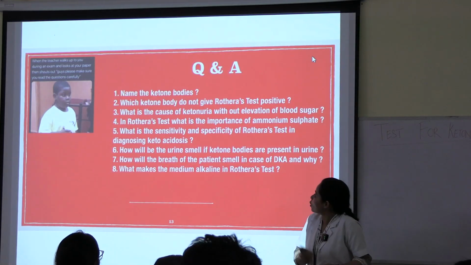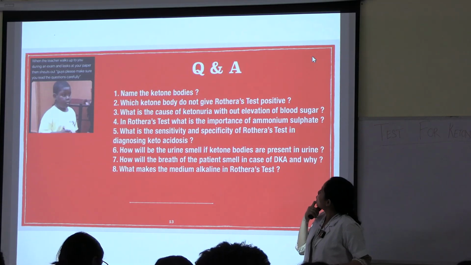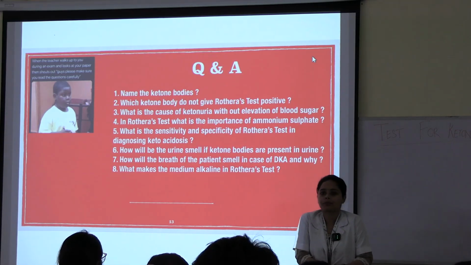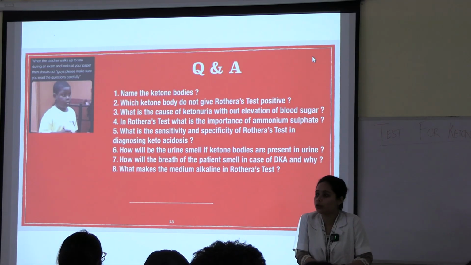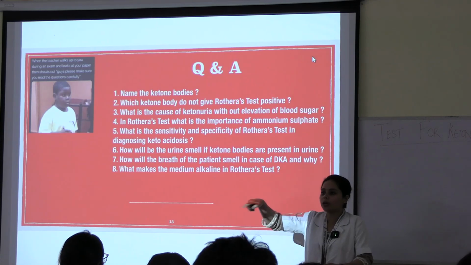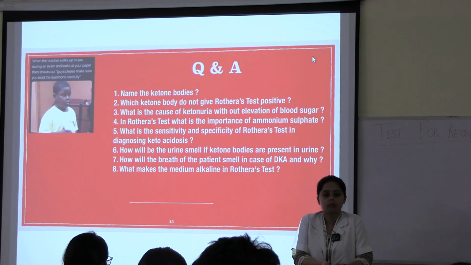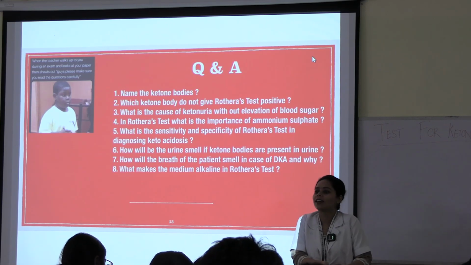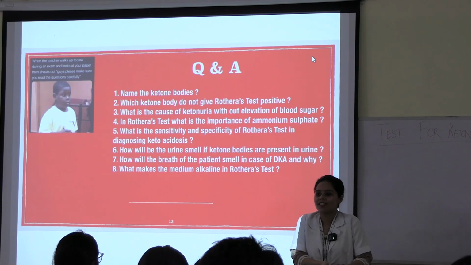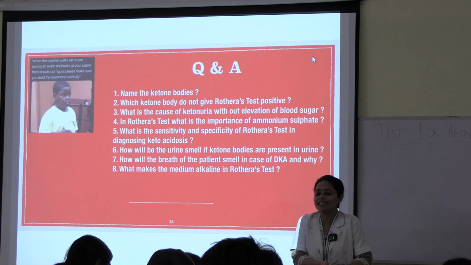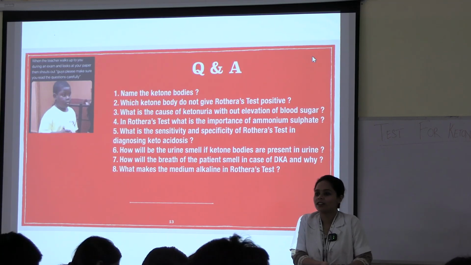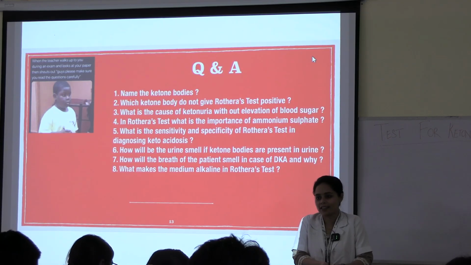Now, what is the cause of ketonuria without elevation of blood sugar? That means ketones in the urine without elevation of blood sugar. Low carbs. Starvation, yes, starvation.